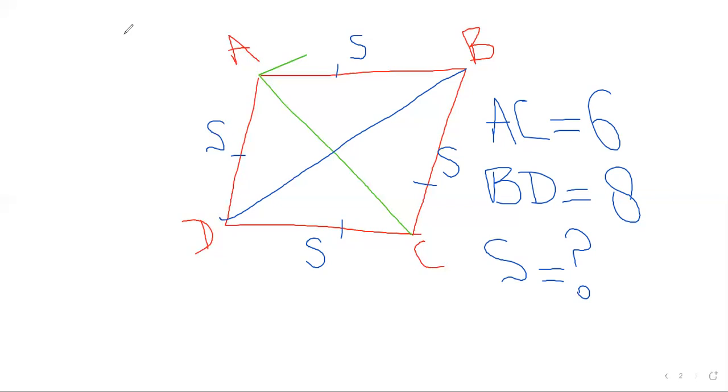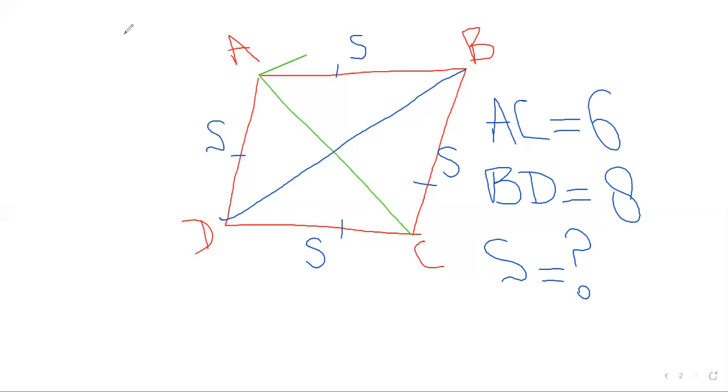So A to the center midpoint is 3, and C through the middle is also 3. Then BD you could split in half, and it's 4 and 4, and then you just do the Pythagoras theorem, and then you get 5. Okay, absolutely right. So this is a way to solve that.